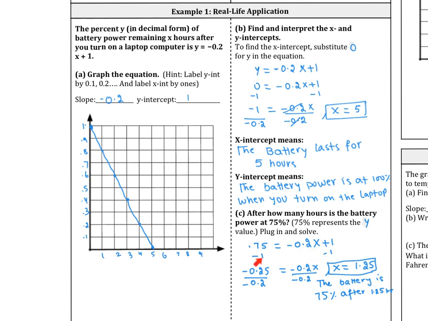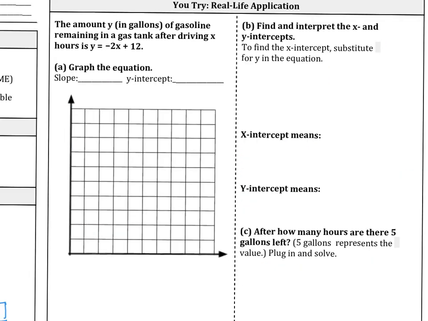Subtract 1 on both sides, and you're going to get negative 0.25 divided by negative 0.2. So you cancel the negative signs from both sides, and x is going to be 1.25. Which means that the battery is at 75% after 1.25 hours. Now you're going to pause this video and try the U-try problem on real life application.